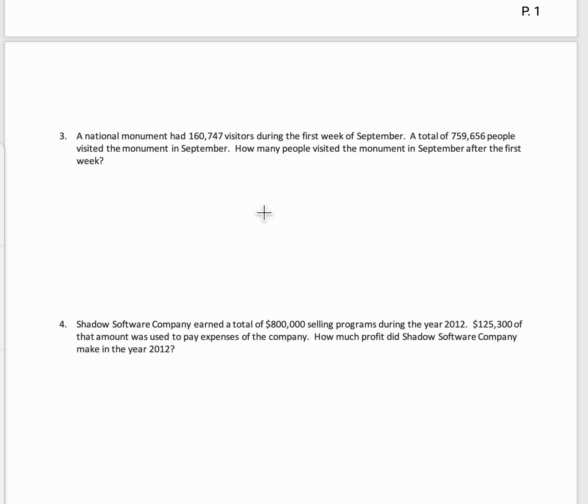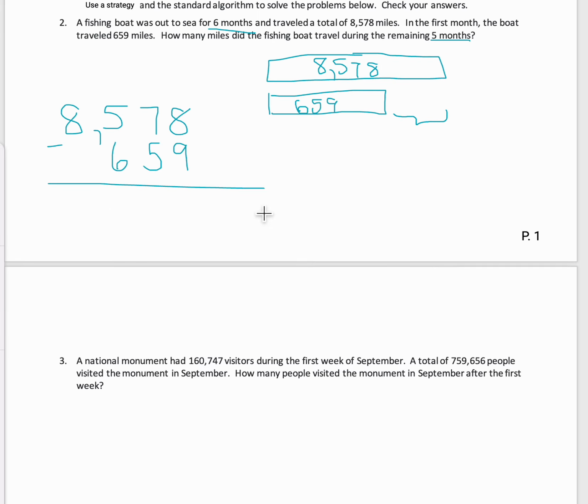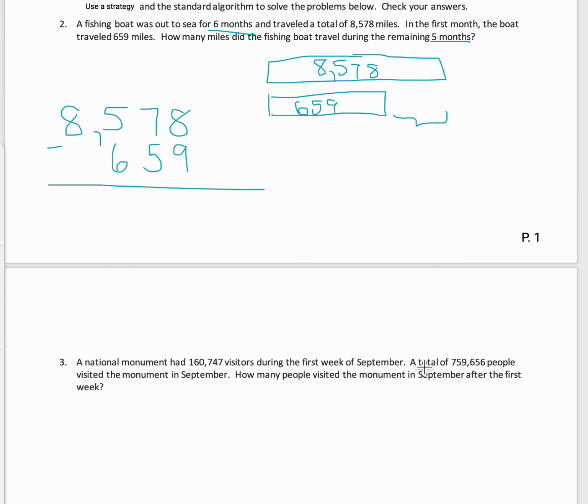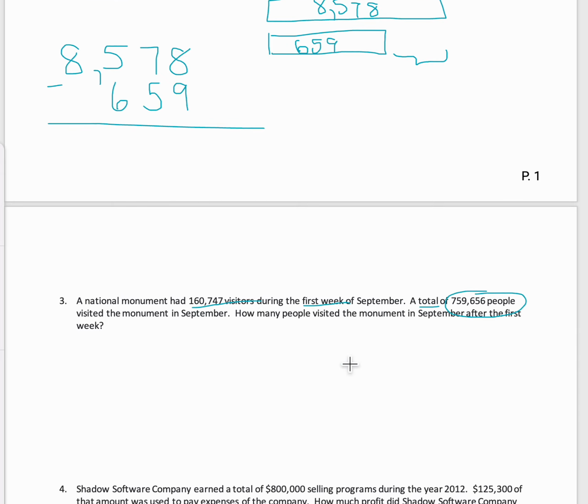Okay, so it's just like here up at the top. They've given you a total for the entire month of September. Then they give you the total of just the first week, right? So to find out how many people visited after the first week, you need to subtract them from one another.